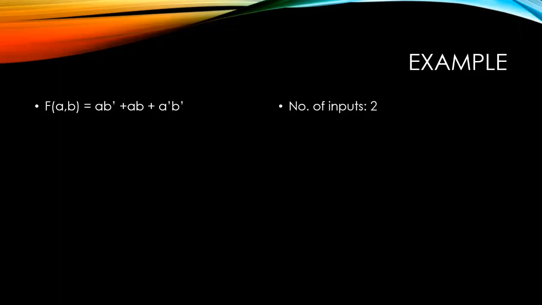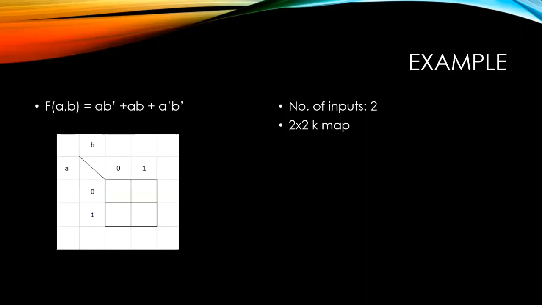So therefore, our matrix will be a 2 by 2 K-map. So let's draw. A will be for my row, B will be for my column. 0 for the first row, 1 for the second row, 0 for the first column, and 1 for the second column.